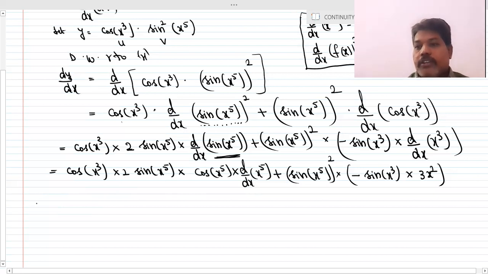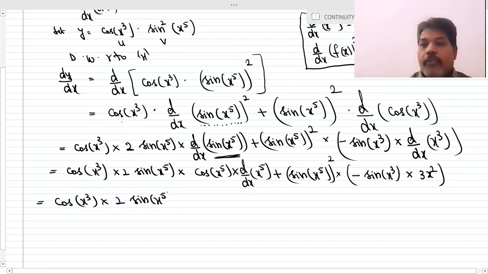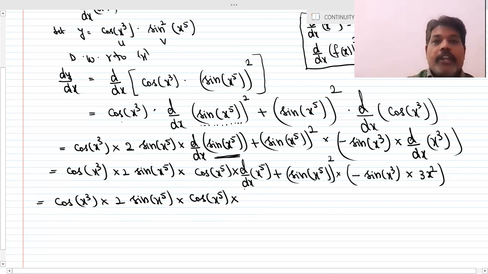See that one next: cos of x cube into 2 into sine of x power 5 into cos of x power 5 into the derivative of x power 5. The derivative of x power n is n into x power n minus 1.